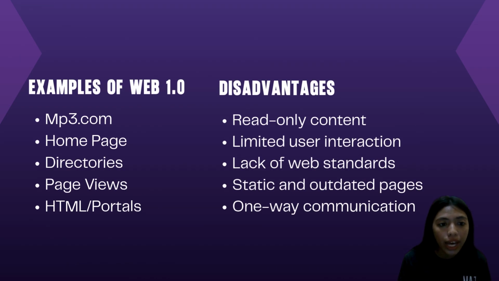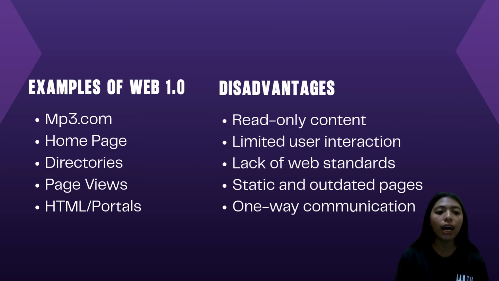Next slide, we have the examples of Web 1.0 and its disadvantages. So now let's focus first on the examples of Web 1.0. First, we have mp3.com. So mp3.com was one of the earliest music websites during the Web 1.0 era.